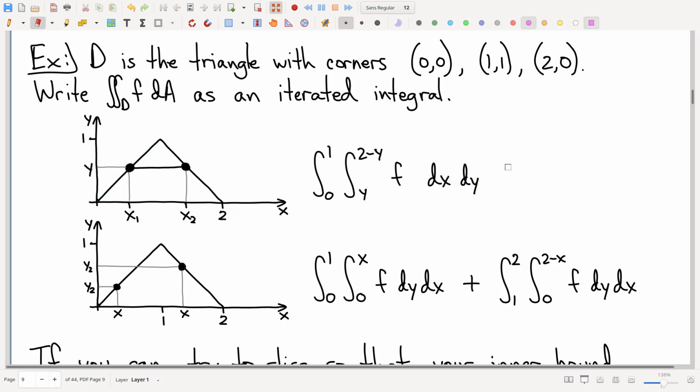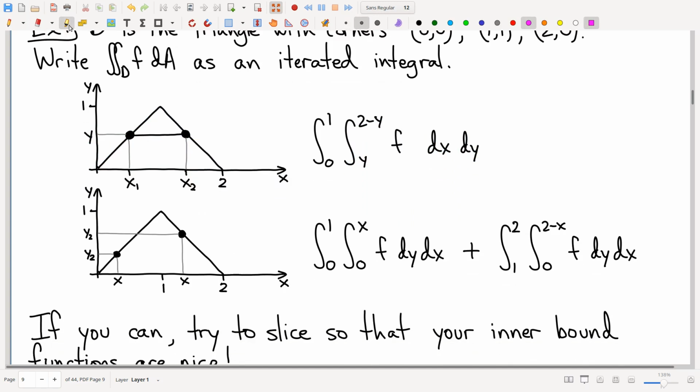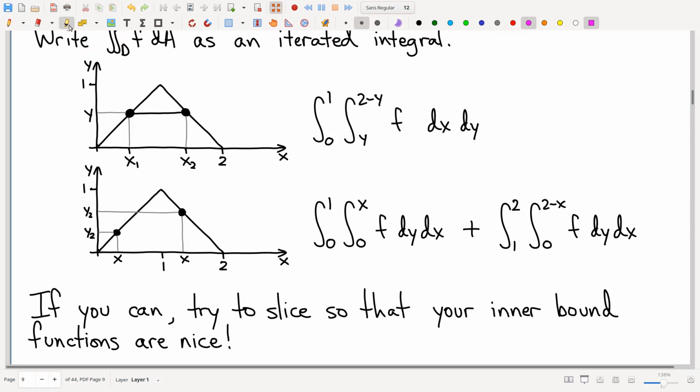Okay, now let's look analogously down here. Let's put dx on the outside. x would appear to go from 0 to 2. Our y bounds then are going to start on that curve and end on this curve.